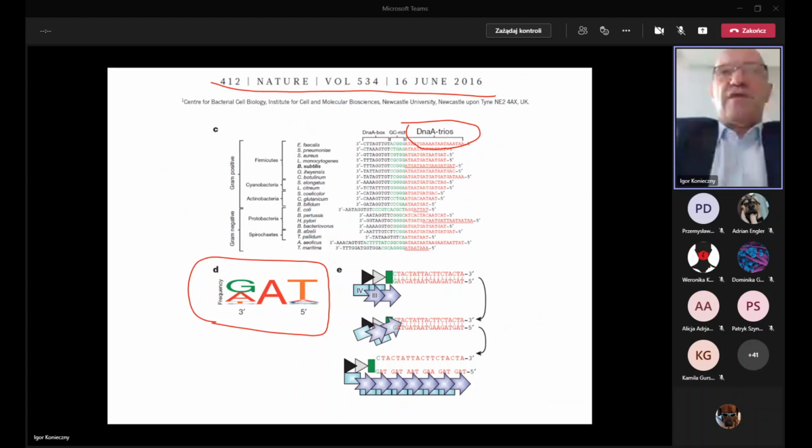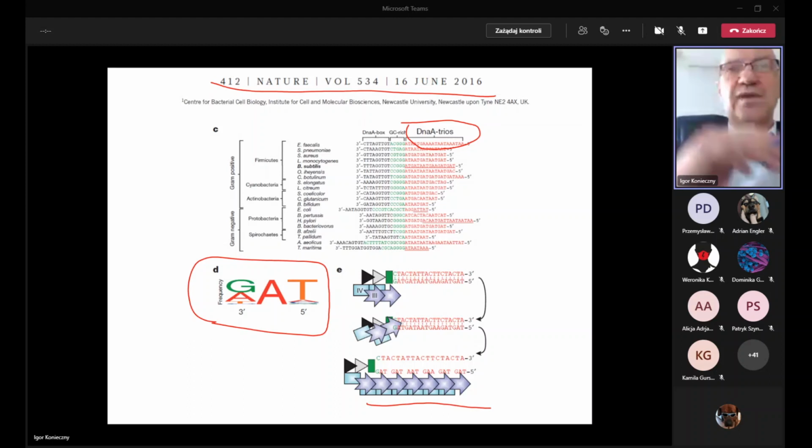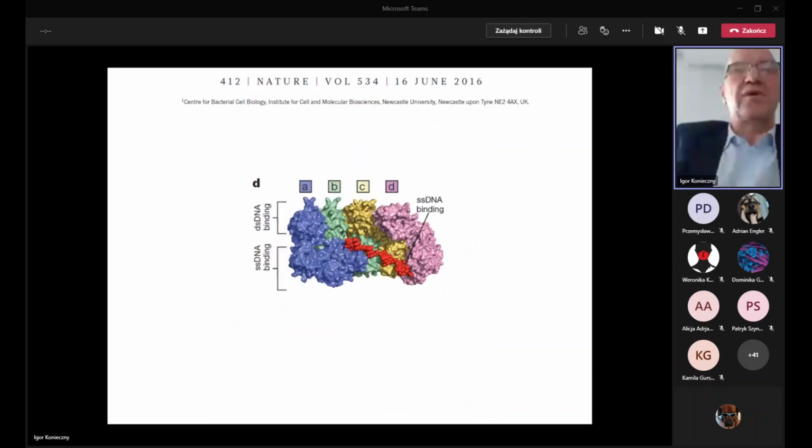This manuscript demonstrated that those trios are absolutely necessary for the activity of the replication origin, and these trios are also required for the interaction of DnaA protomers 1, 2, 3, and 4 with single-stranded DNA.